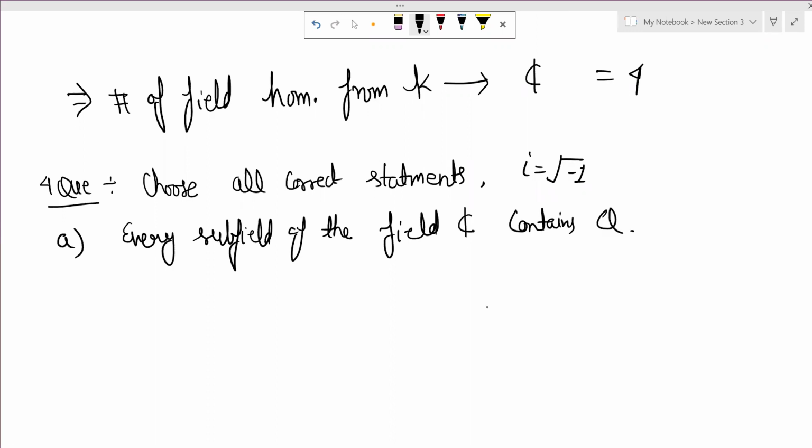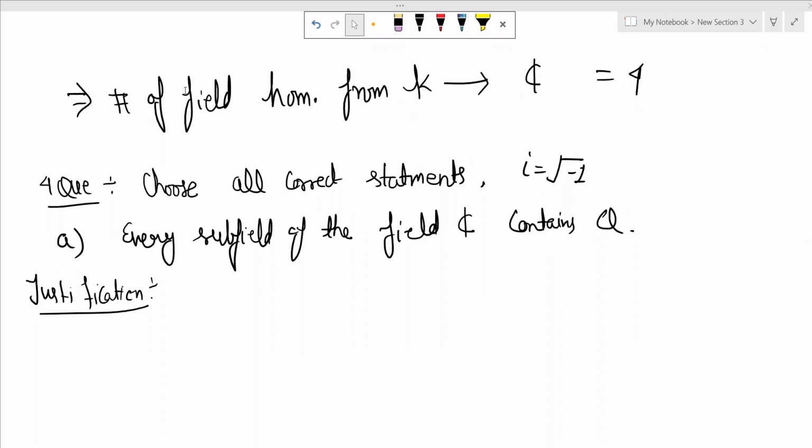So tell me, what is the justification? Jennifer, is this true or not? Sir, it is true. Okay.